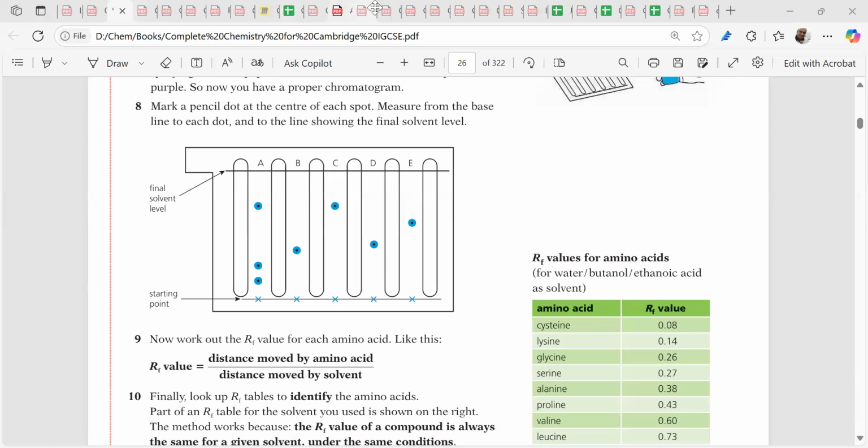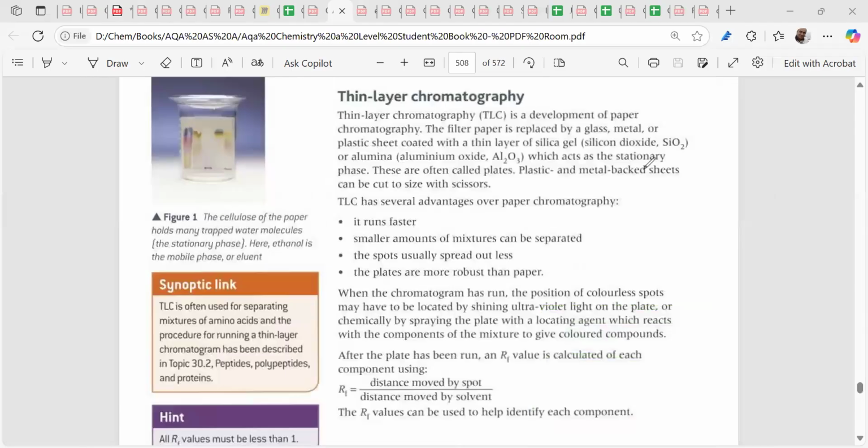Now, thin layer chromatography, what are we taking as the stationary phase? The filter paper is replaced by a glass, usually. It can be a glass or a metal. It can be a plastic sheet also, in the cheaper TLC.